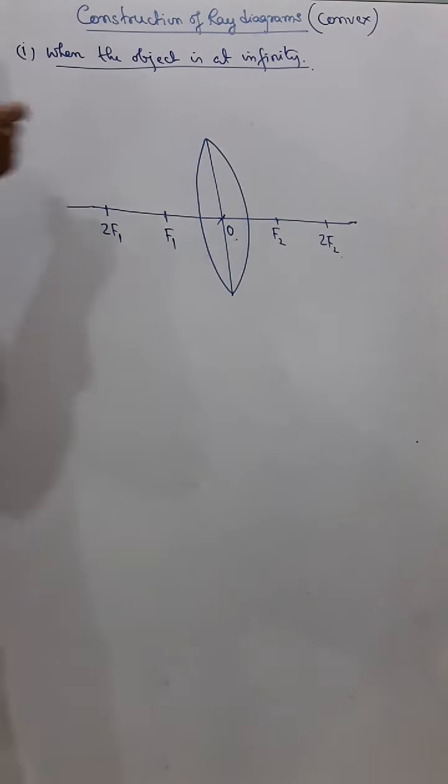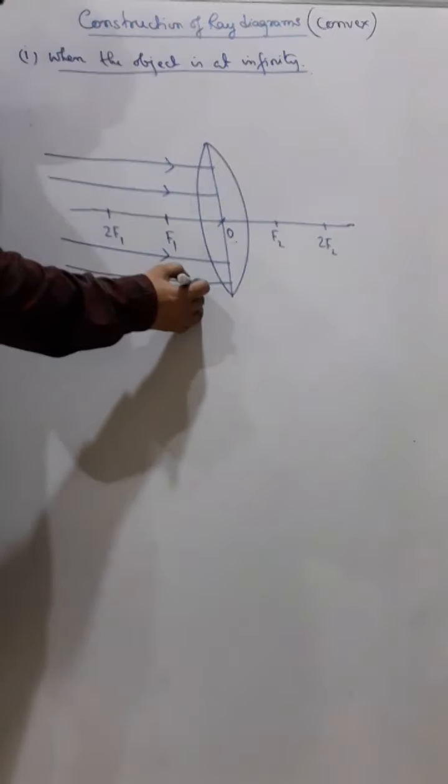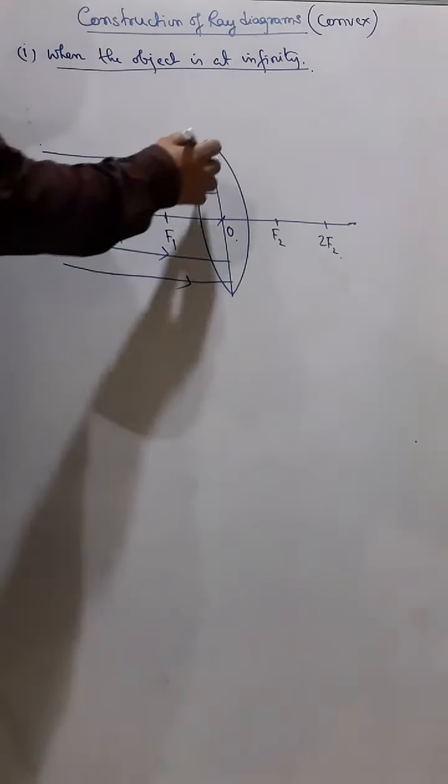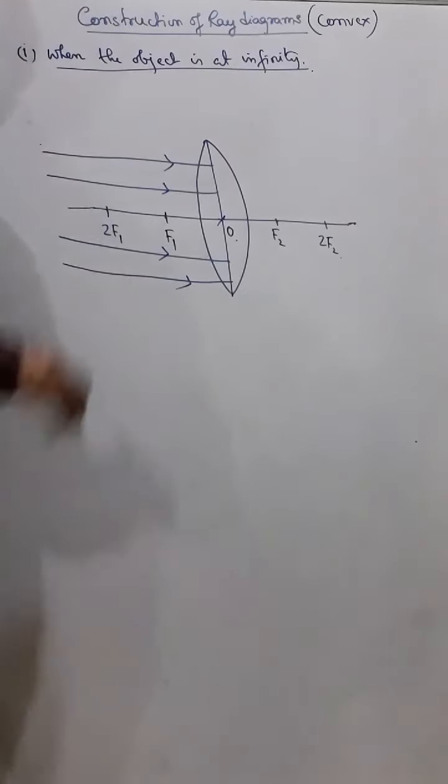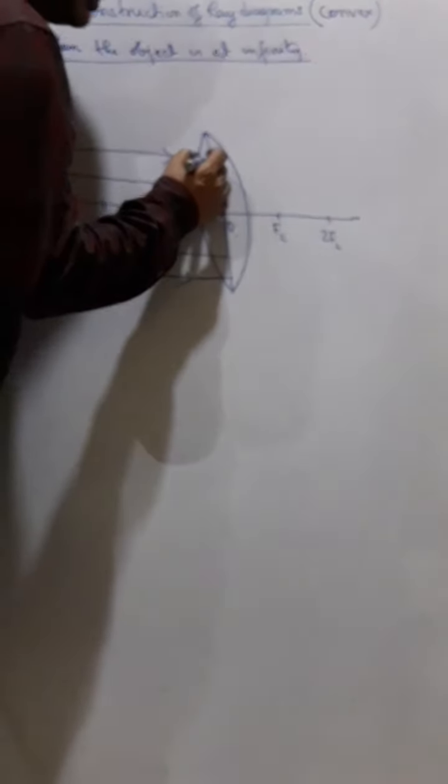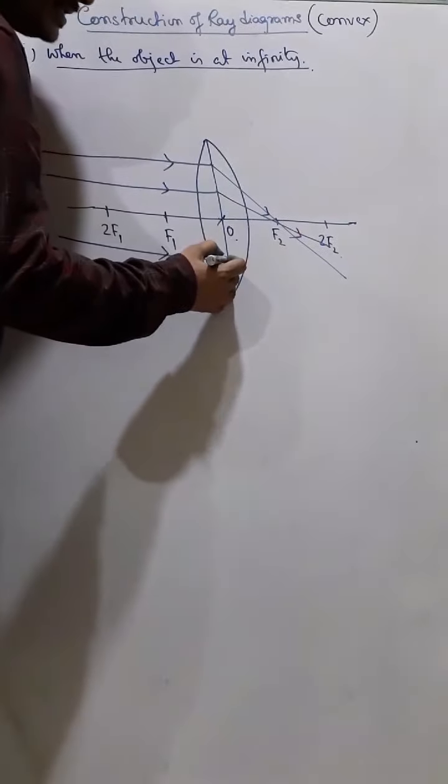If the object is exactly in front of the lens but very far, or say the ray of light is falling parallel and straight like this, then you can simply, if you go through the definition of focus, that if parallel rays of light fall, they will meet at focus. So the diagram will be like this.